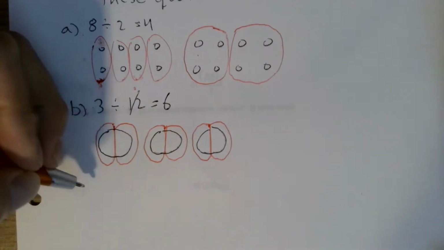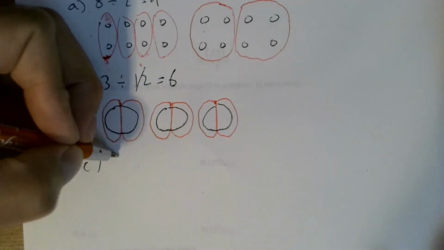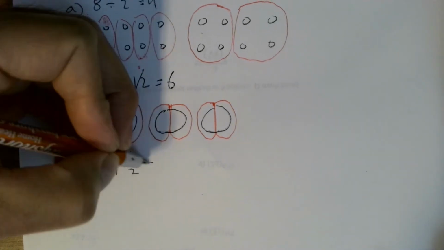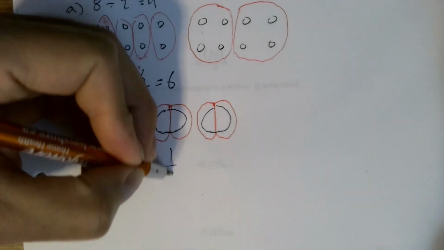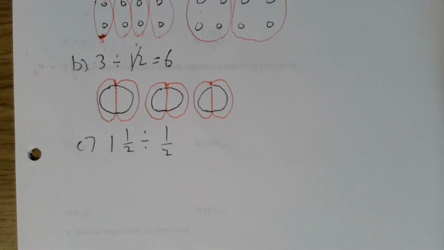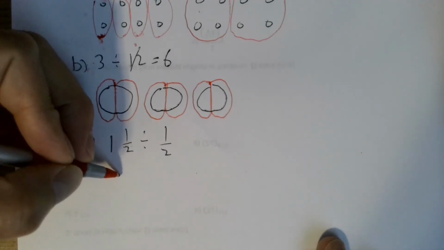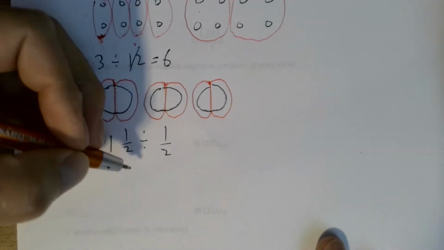Okay, let's have a look at the next one. We've got 1 1/2 divided by a half. Okay, so this one's very similar to B, except for instead of starting out with 3, I'm going to start out with 1 1/2. Oops, wrong pen.